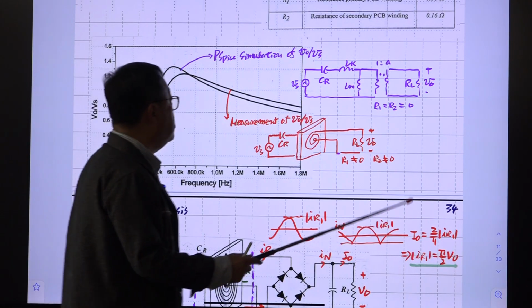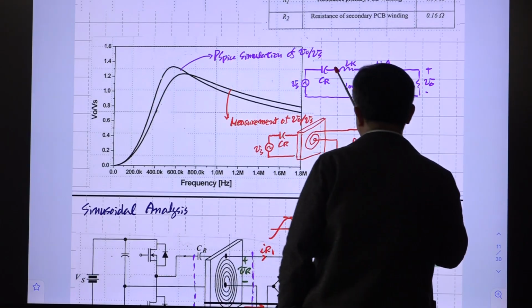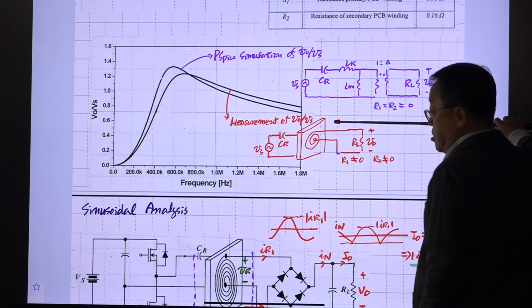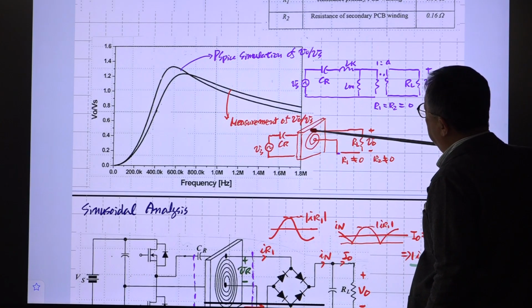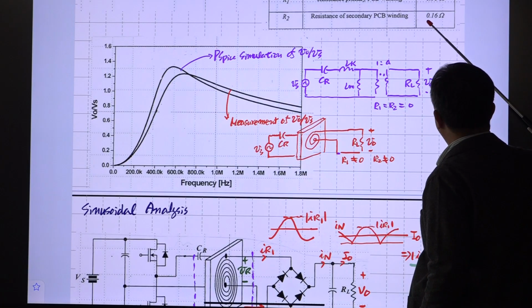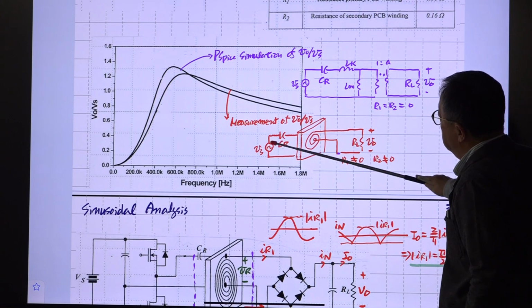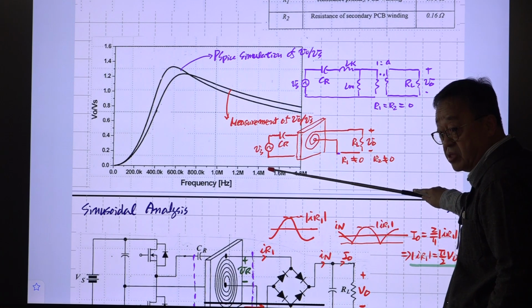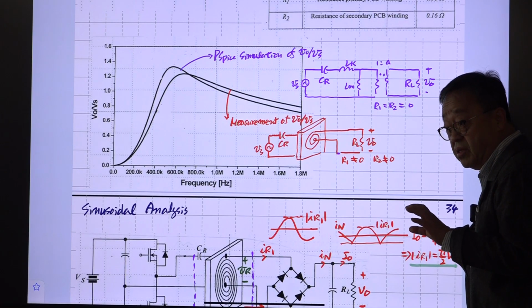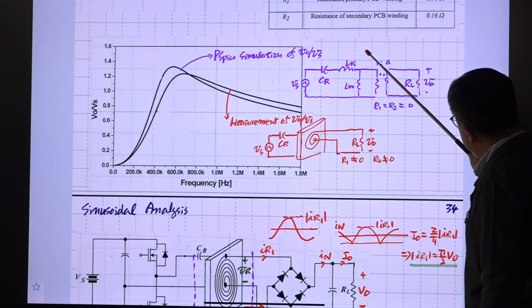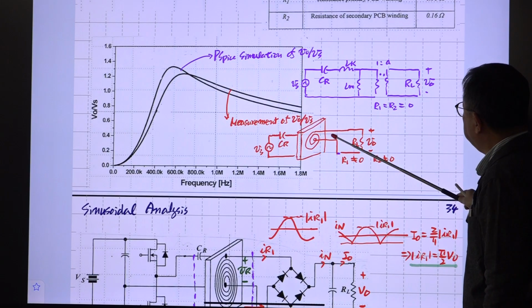Here we just used this reactive component, assuming this R1 and R2 is 0. But in hardware, we have some value of R here, this R. Okay, this R we varied based on this frequency because of the skin effect. Somehow we simulate this and measure this hardware.